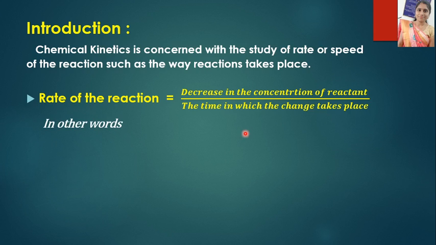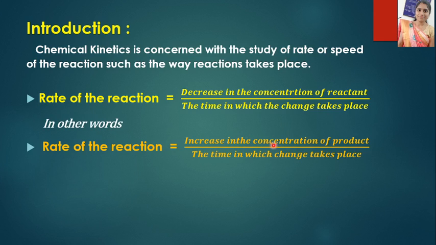In other words, rate of the reaction is given by the increase in the concentration of product divided by the time in which the change takes place, because as the reaction proceeds, reactant gets converted into product, so concentration of reactant decreases and concentration of product increases.